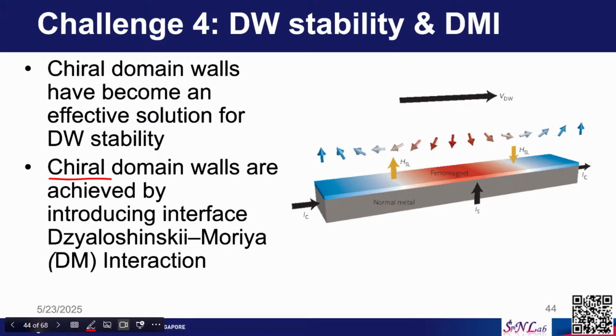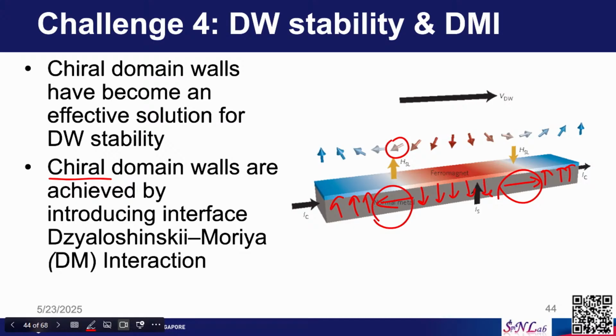In the case of chiral domain walls, you will have, say, one domain wall with magnetization in this direction, another domain wall like this, another like this, and in between you have the domains. Let us look at these two domain walls. These two domain walls are in opposite directions.